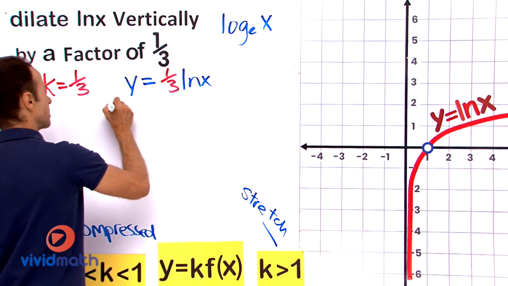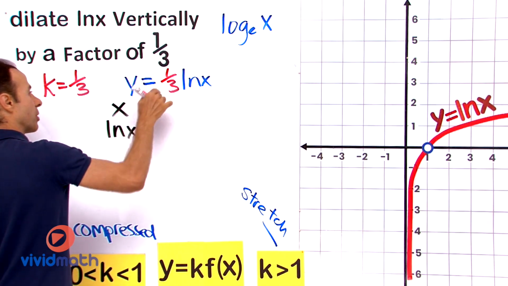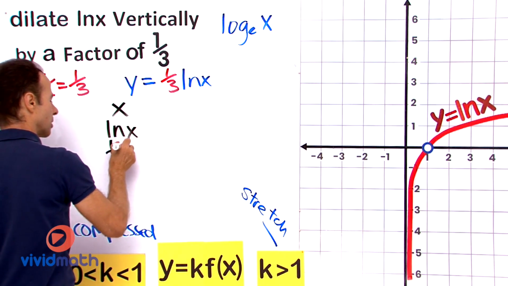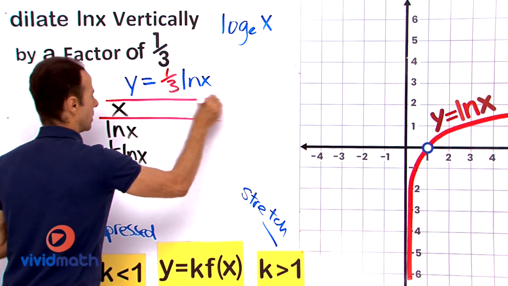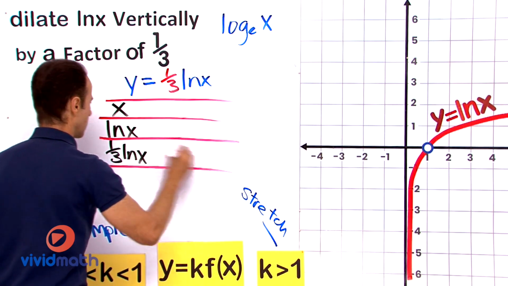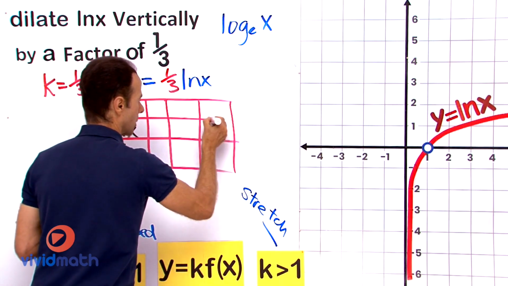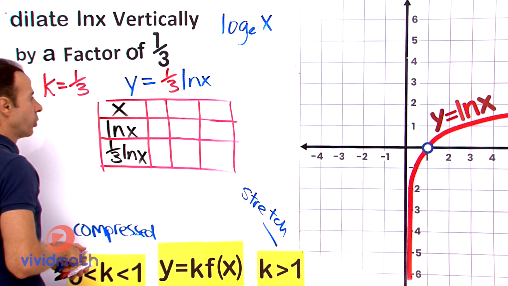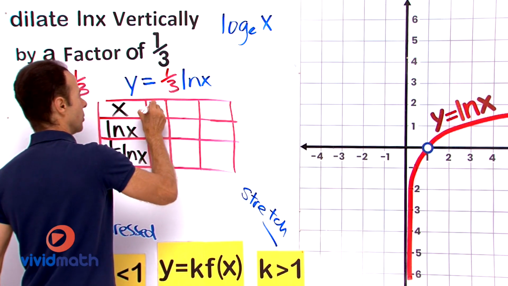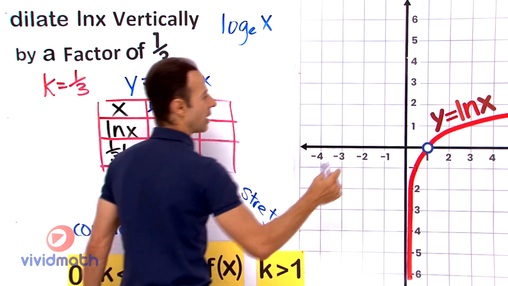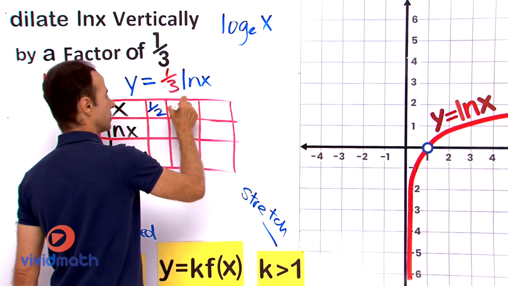So let's go ahead and do that. We'll start off with x, then we've got ln x, and then 1/3 ln x. The first point, as I said, between 0 and 1, let's go 1/2. Then we have x equals 1.